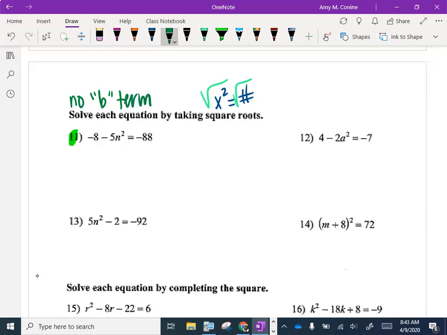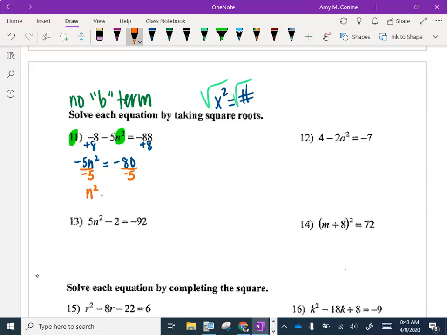So I need to get this n squared by itself the best I can. I'm going to add the 8 over, so now I have -5 n squared equals -80. And it's not by itself yet because I have to divide.